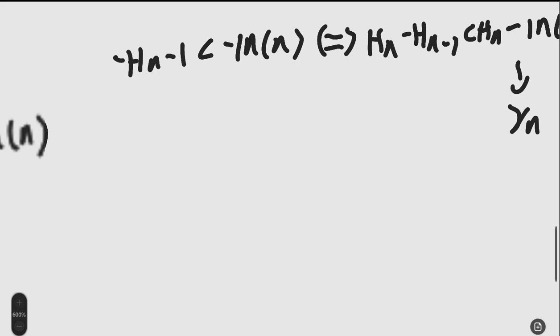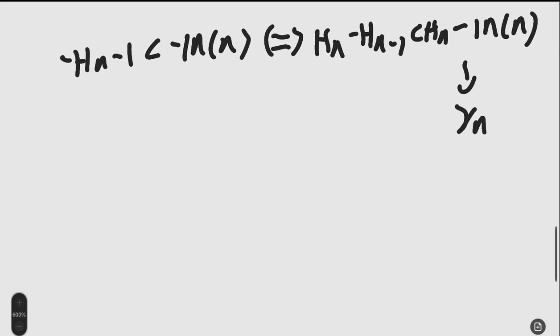And what is H_n minus H_(n minus 1)? Well, that's just going to be 1 over n. So what we have is we know that H_n is just 1, then 1 over 2, then 1 over 3, etc. And all of these are strictly greater than 0.